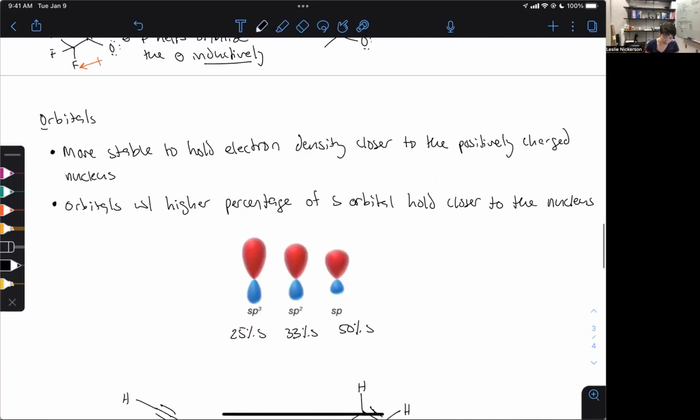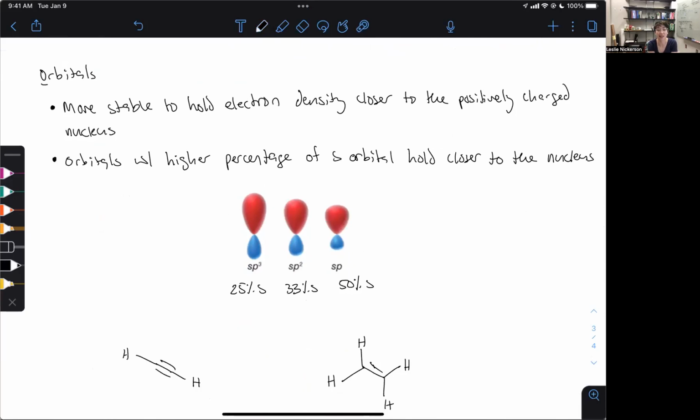All right, and then our final option is orbitals. This is your last thing to look at. It's the lowest priority, the one that comes up the least often. And I will say it mainly comes up because you're looking at something like this. If you're looking at an alkyne, that might be your indication that maybe I should think about orbitals.